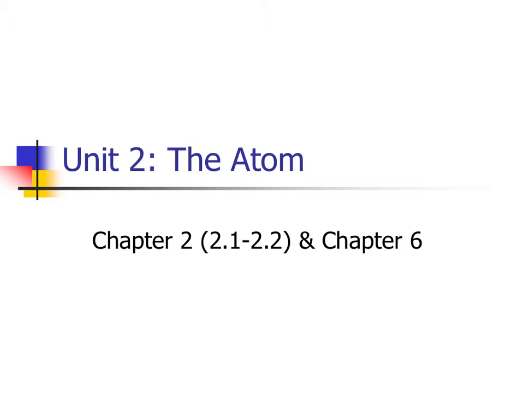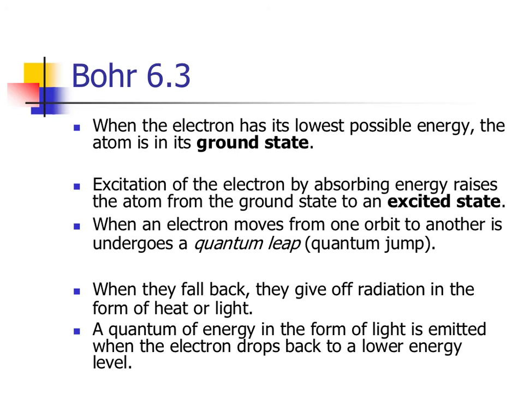Today we continue talking about Niels Bohr and his development of the atom and his model of the atom that we said was the orbital model of the atom. This should be a repeat from last time, in that the electron with its lowest possible energy is known as the ground state.